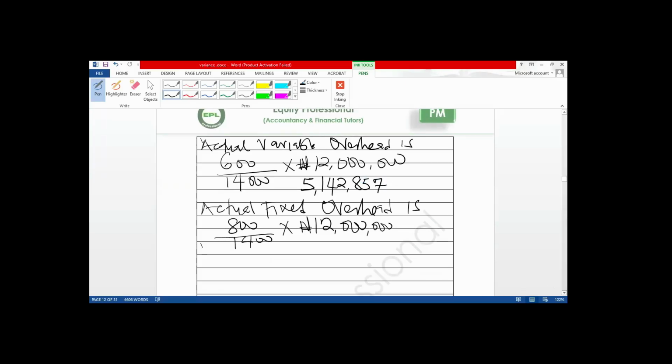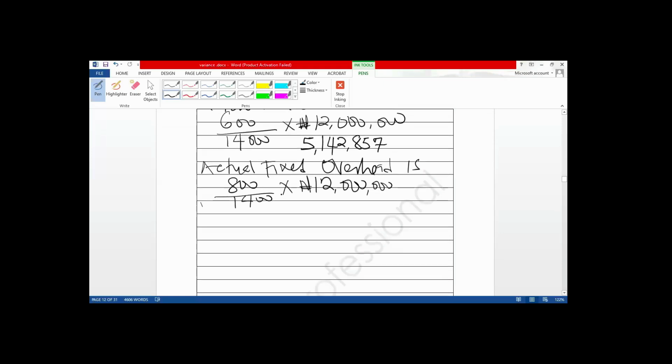Now guess for fixed: 6 million, 857,143.